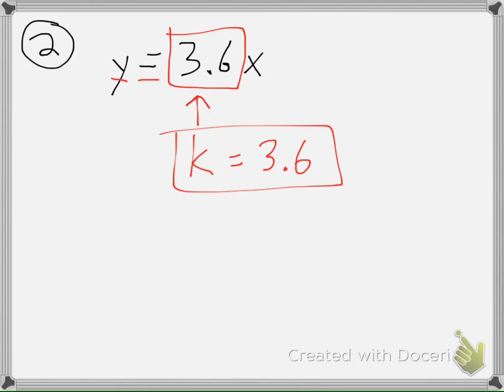All right. Number 3. Now this one's starting to get a little bit tougher because it's not in the form we need it in to begin with. Let me make sure we're clear about this.